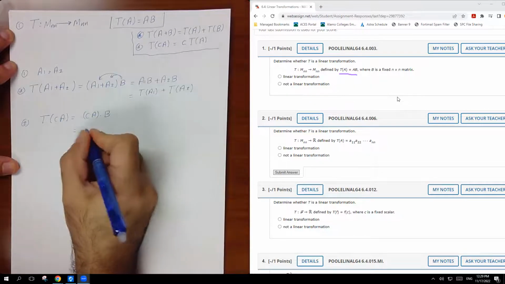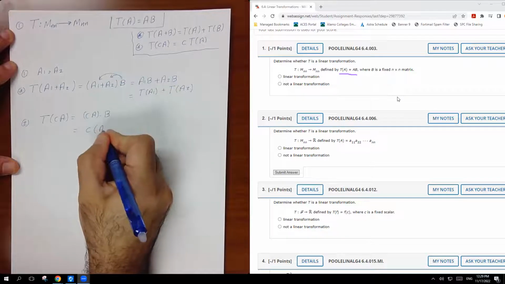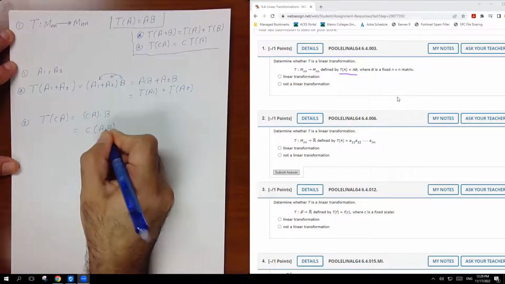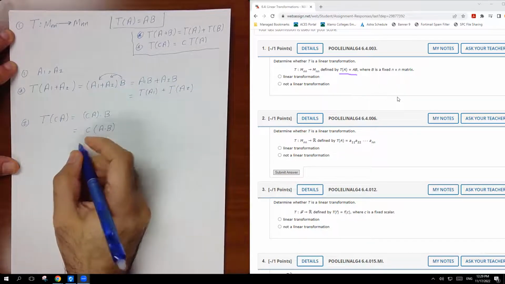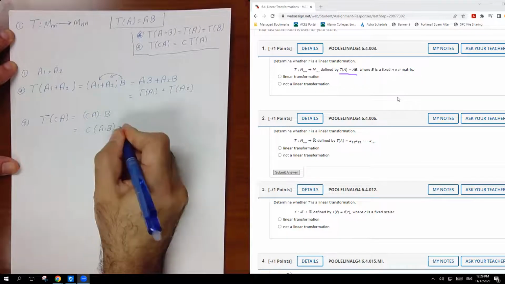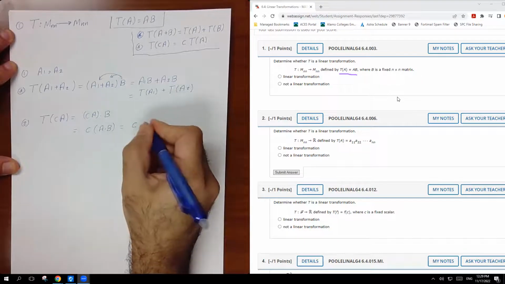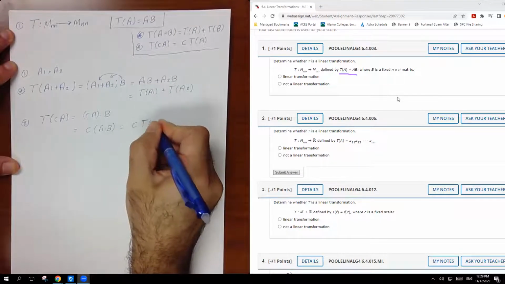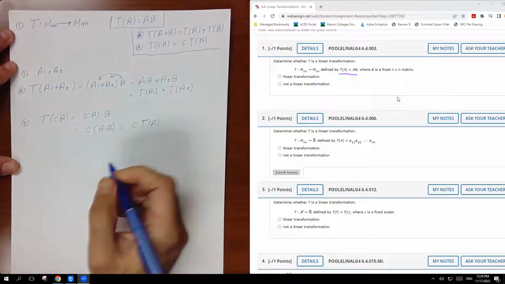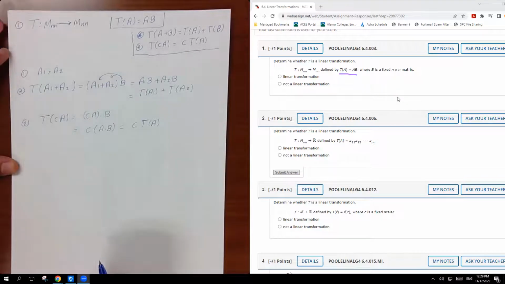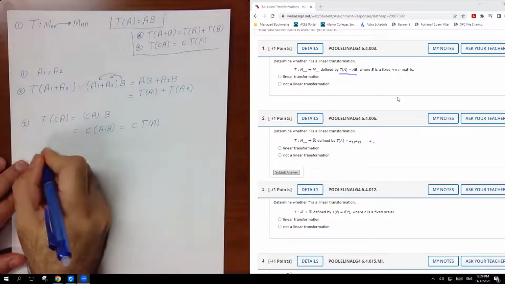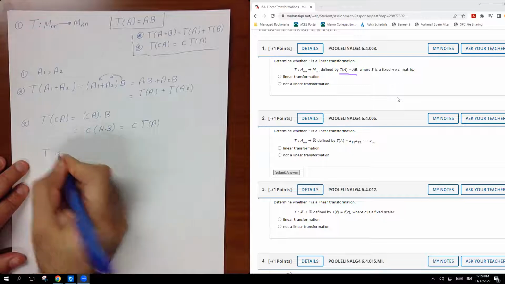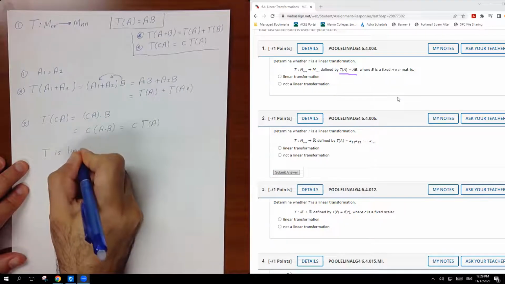This one is equal to C and A times B. That means this one is equal to C, the scalar, times the transformation of A. That's it. These two conditions are right. That means in this case, T is a linear transformation.